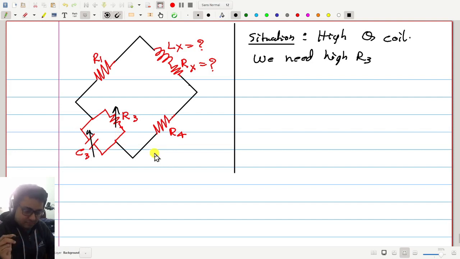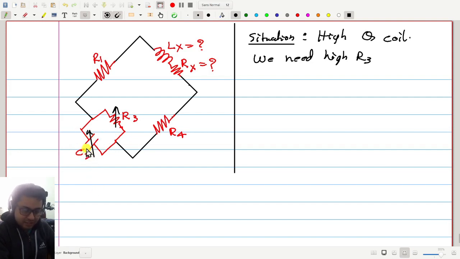So we could take a relatively smaller capacitance. That is one possibility. You adjust this thing. See, the solution is not always unique. You may play with this capacitor.